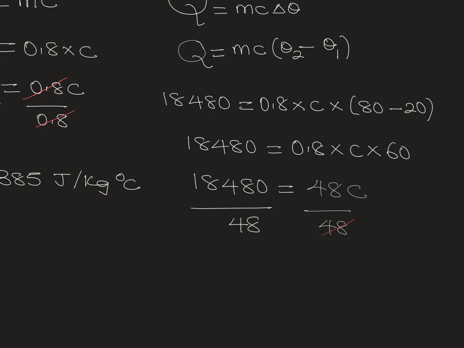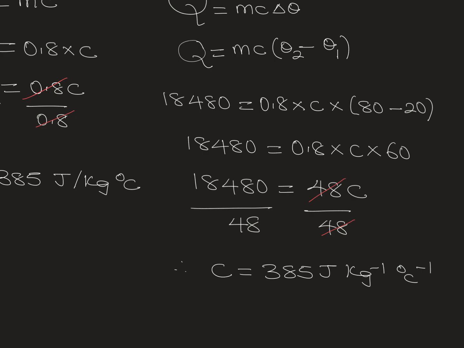So this will cancel this. Therefore, C is equal to 18,480 divided by 48. And we're still going to have 385 joules per kilogram per degrees Celsius as the specific heat capacity.